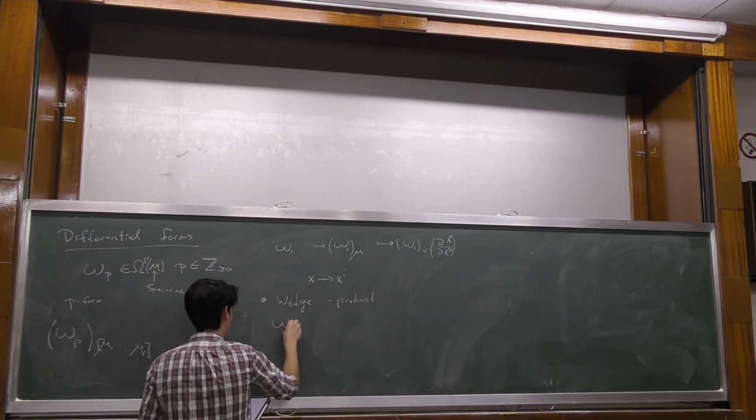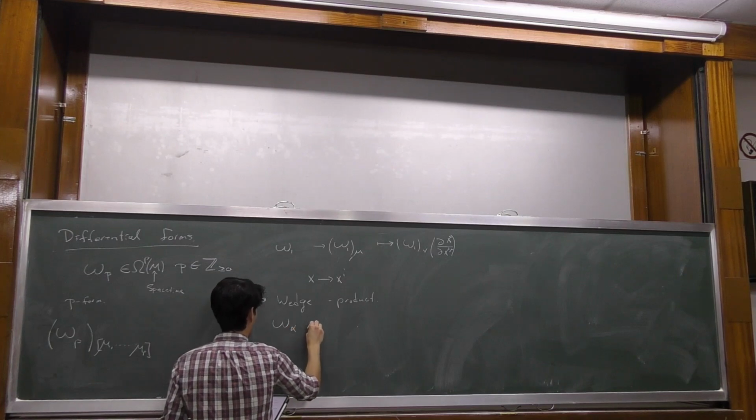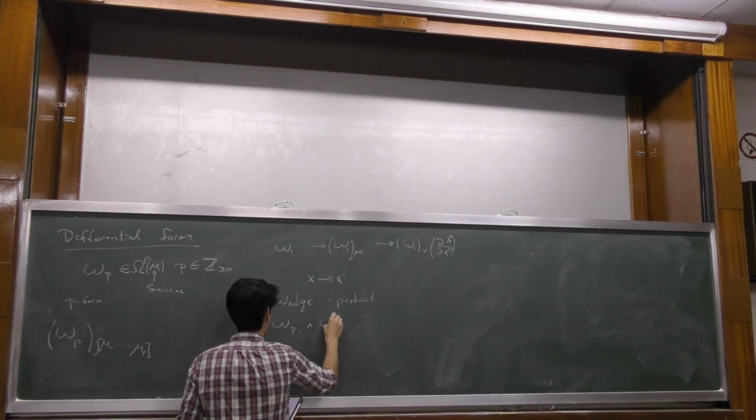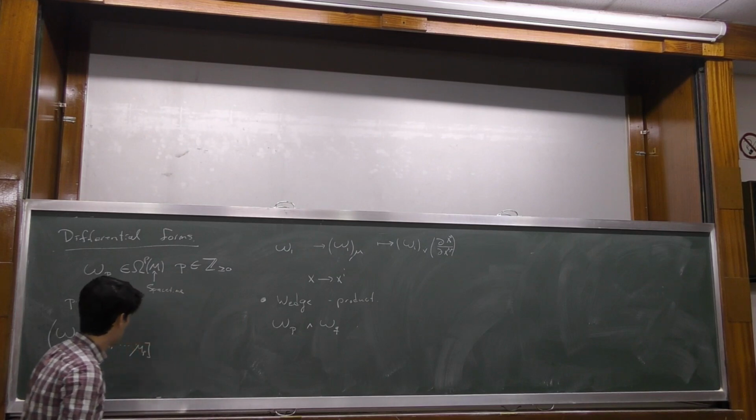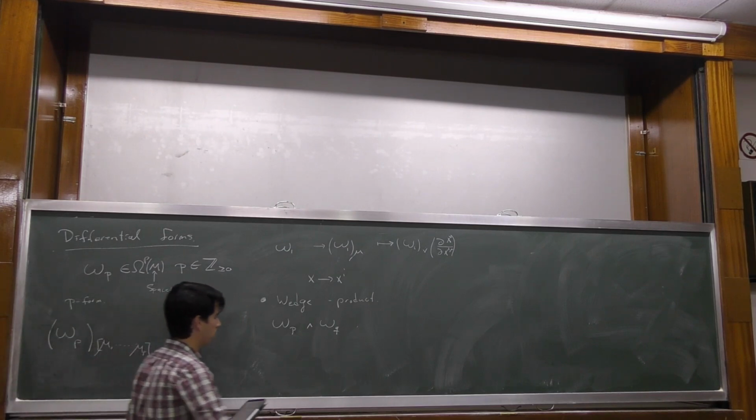So we take some omega p wedge omega q. This is a p plus q form.